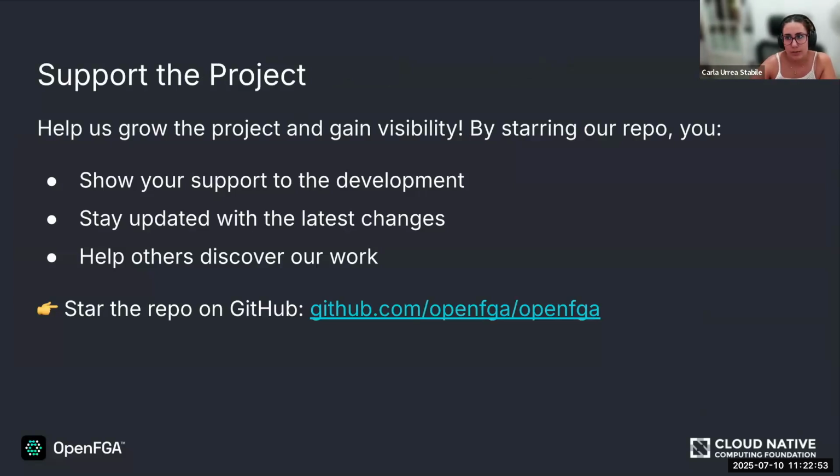Nice. All right. Lastly, I think we're about to get to the end. Help us support the project and gain visibility. You can show your support for development. You can contribute to any of the many repositories that we have: OpenFGA, the main server, the SDKs, anything. You can also star the repository on GitHub, also very helpful.